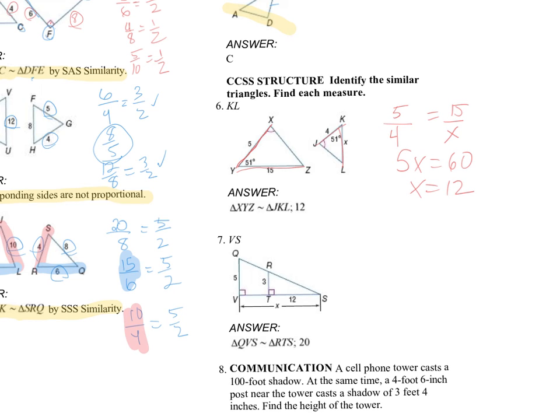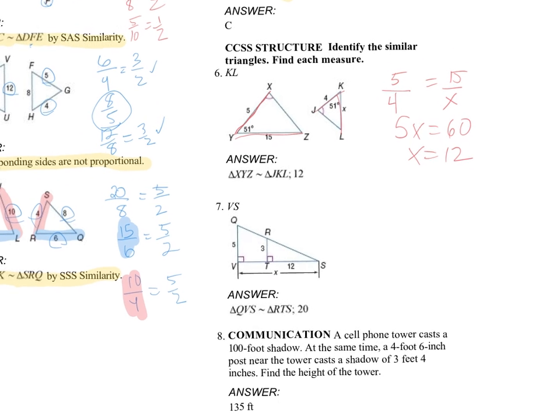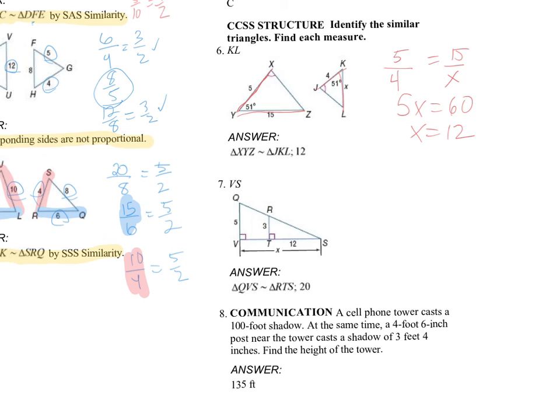And then number 7 is going to be the last one I'm going to do on this video before it gets too long, so I'll have to switch to a different video. We're looking here to be able to figure out this X right here.